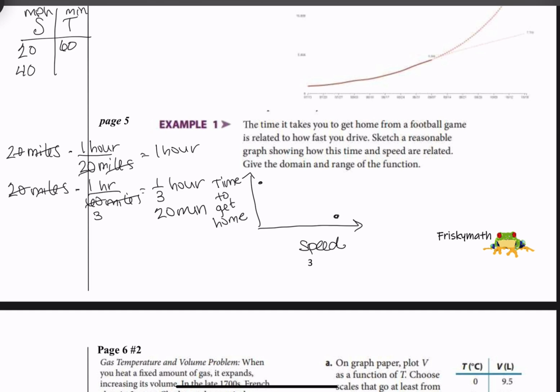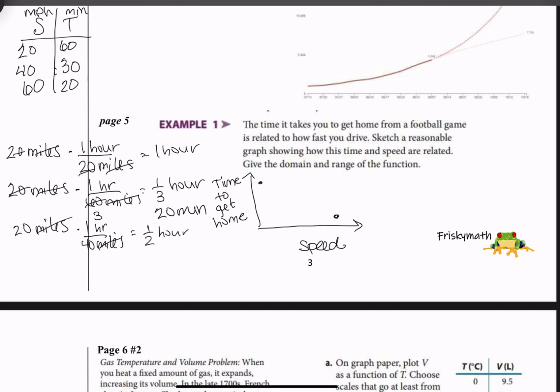If I do 40 miles per hour, so 20 miles, 1 hour and 40 miles, that's going to end up giving me 1/2 hour or 30 minutes. Okay, so then I'm going to have 60 miles per hour, giving me 20 minutes.